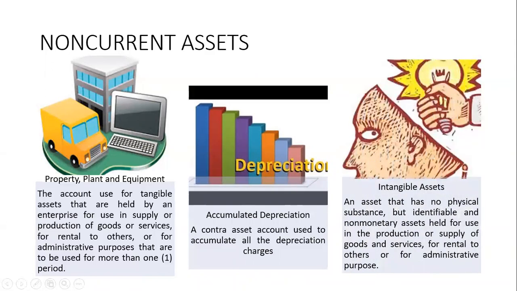And then, intangible assets naman, so these are assets that has no physical substance. So, but identifiable and non-monetary assets held for use in the production or supply of goods, for rental, and others. So, as you can see, pag sinabi natin intangible assets, wala siyang physical substance.